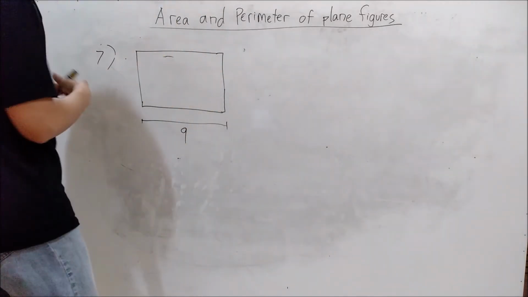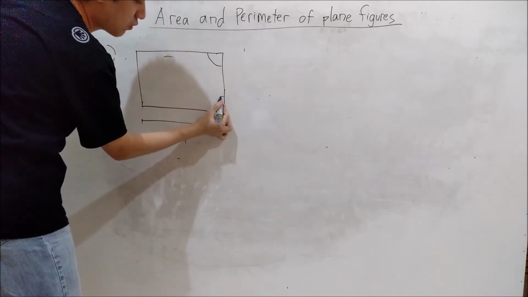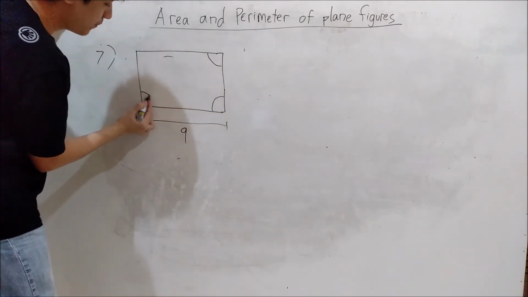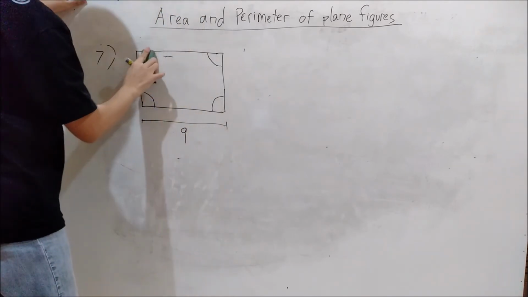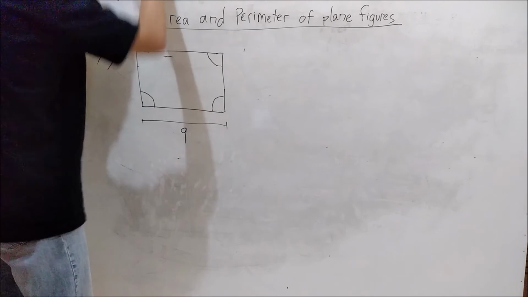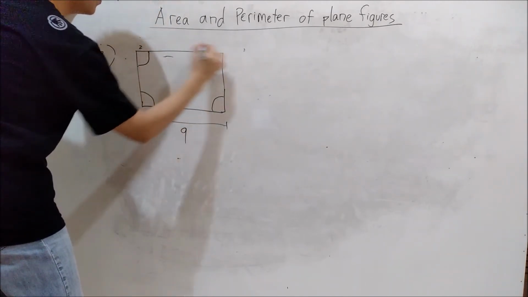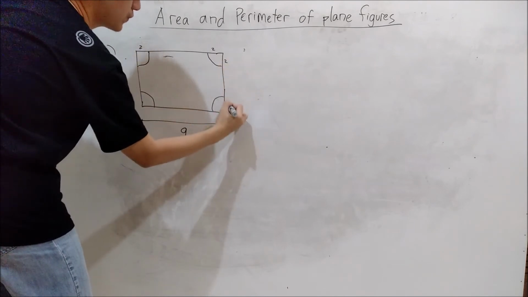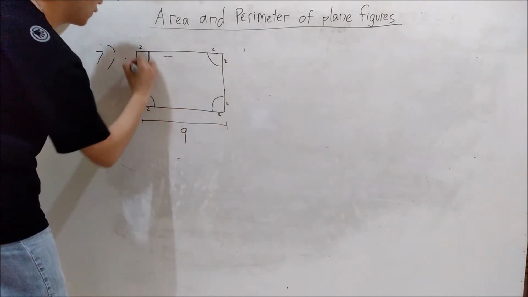And then I will remove 4 quadrants there. Quadrants means quarter of a circle, with the radius of 2 each. So this is 2, 2, 2, 2, 2, 2, 2, and 2.